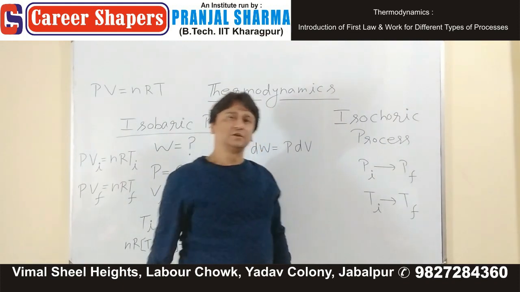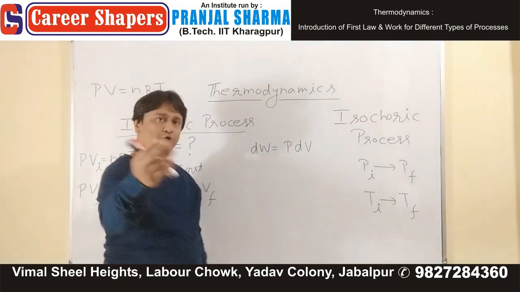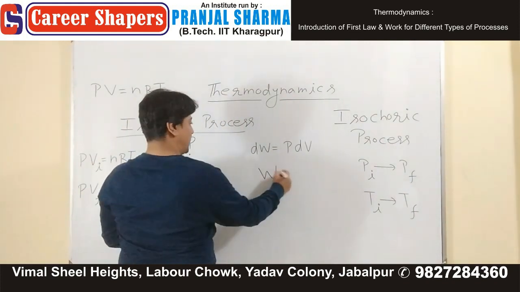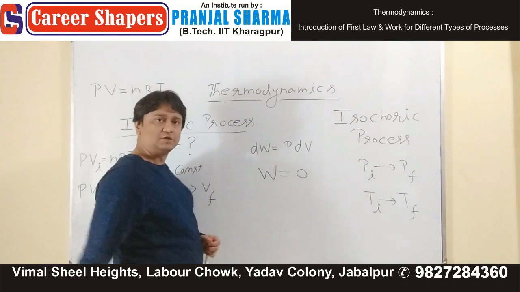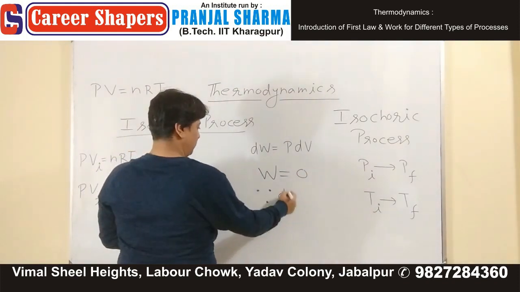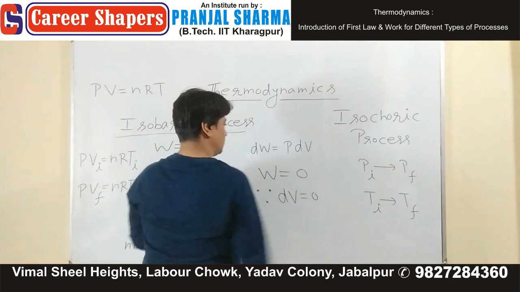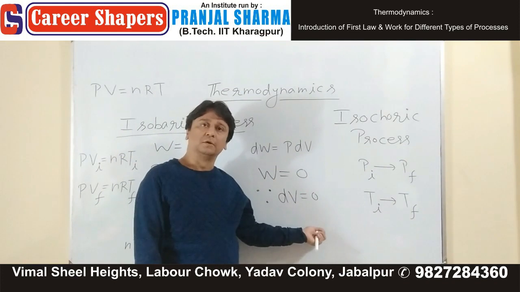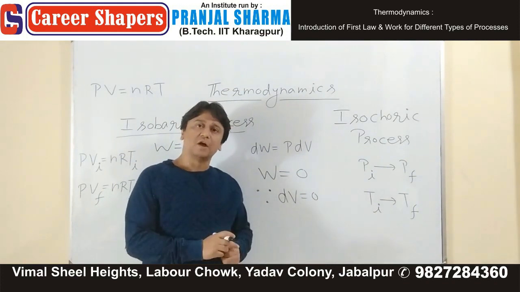If displacement is 0, what should be the work? 0. So, straight away, W is what? 0. Since dV is 0. Now, this is a result for your school examination, for NEET type of examination.